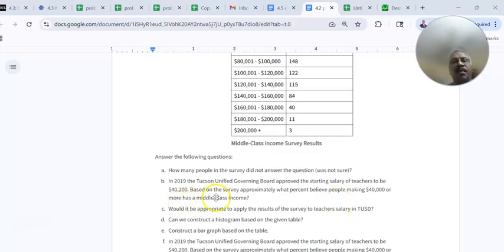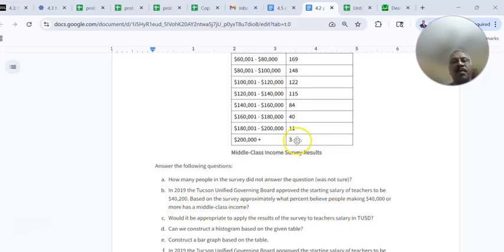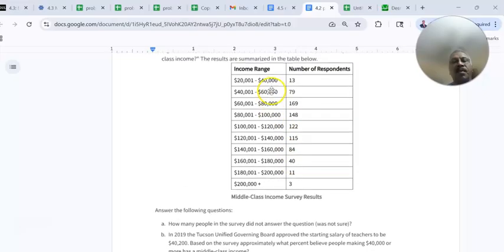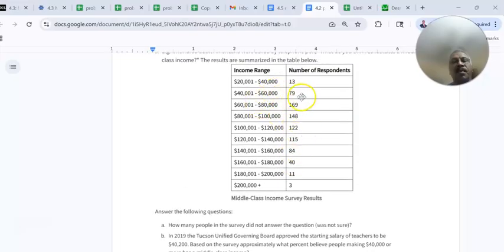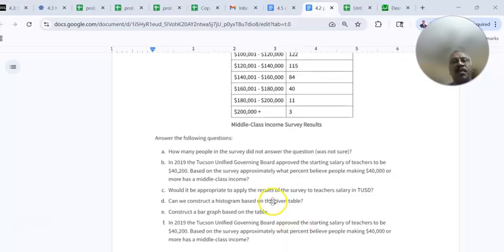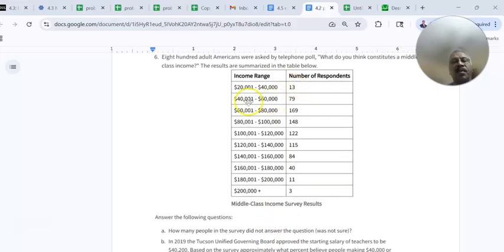You can say this is a perception that depends on when the phone call is made, which state, whether it is a city or village, how many children there are in a family, or how big the family is. So it depends on that. Just because we start at 40 to 60,000, maybe for Tucson it is fine.